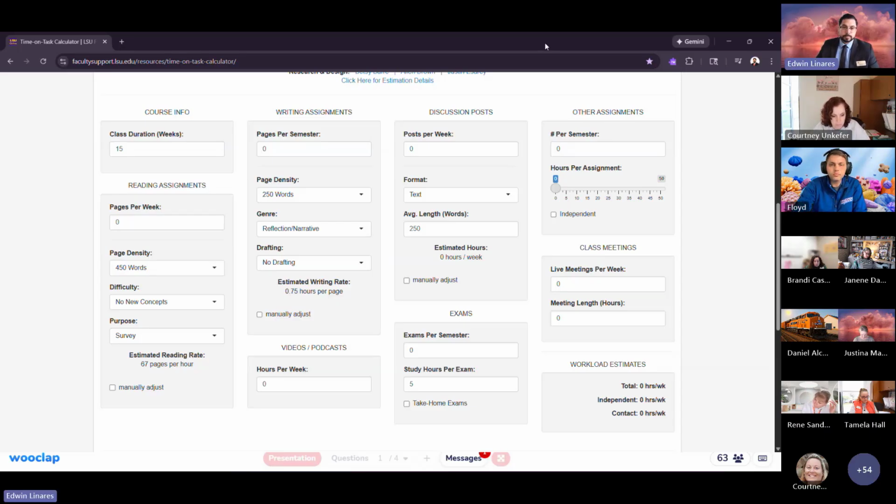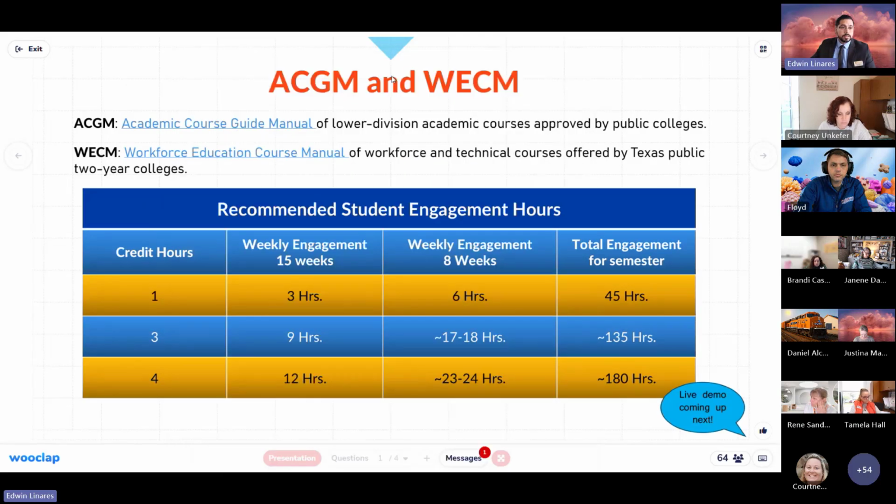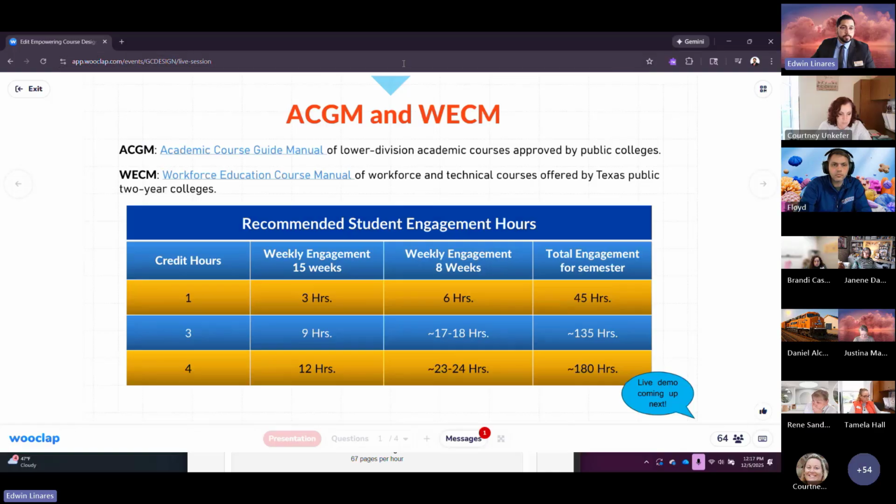Of course. Okay, so what we're going to do now is shift and try to implement some practice with this tool here. If you don't mind, I'm going to come out of full screen.